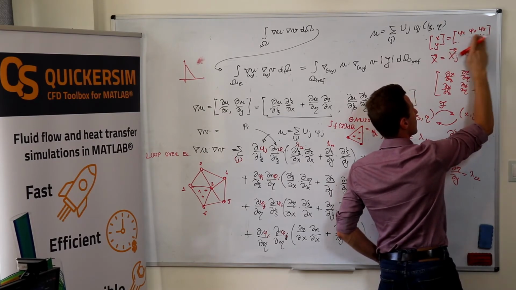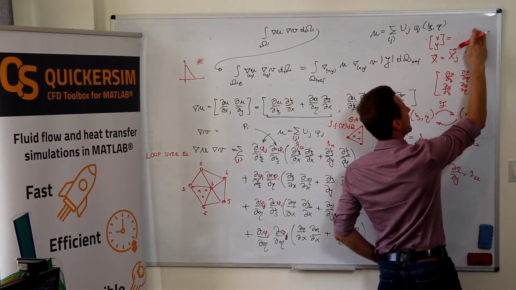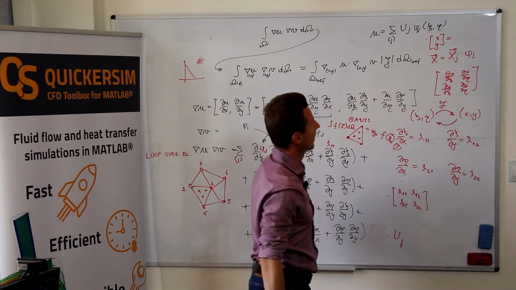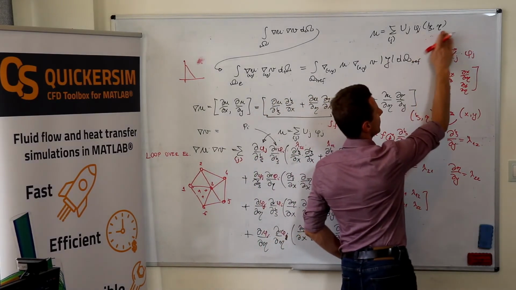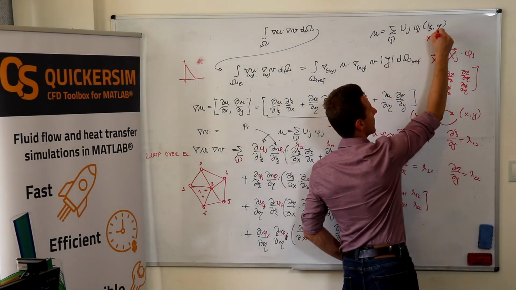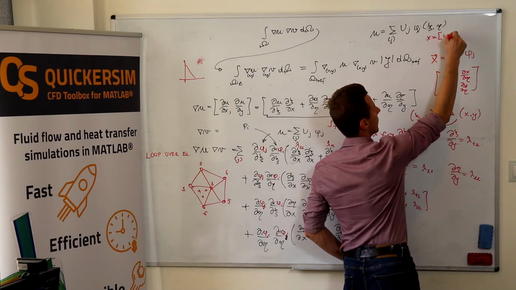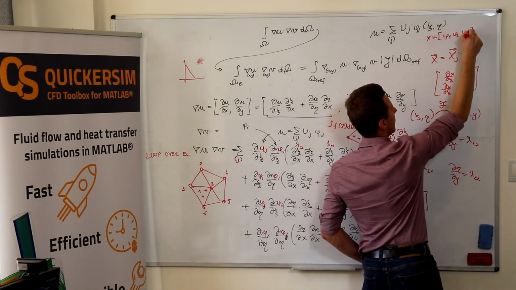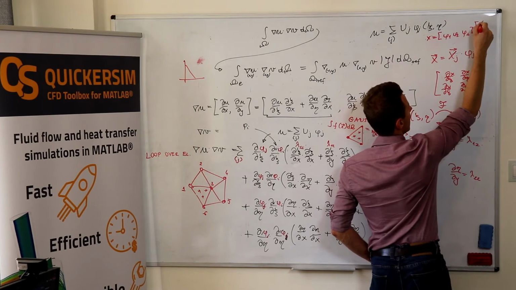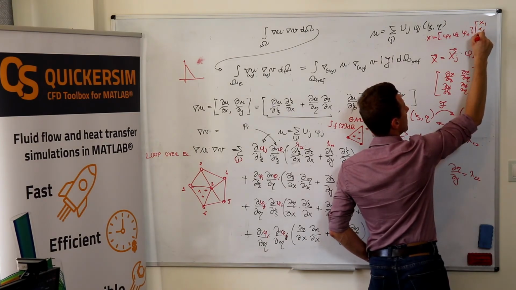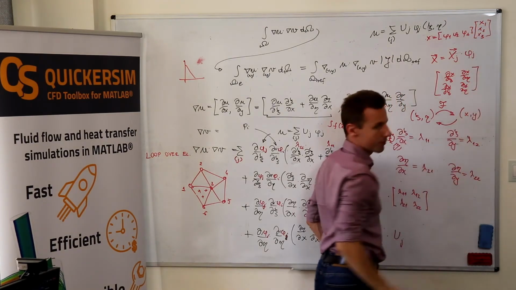Okay, no, in the matrix notation you need to do it differently, but this one will be correct: phi 1, phi 2, phi 3 times x1, x2, x3.